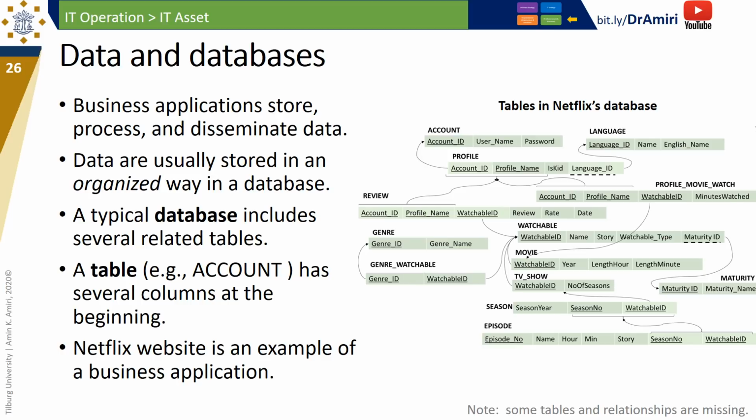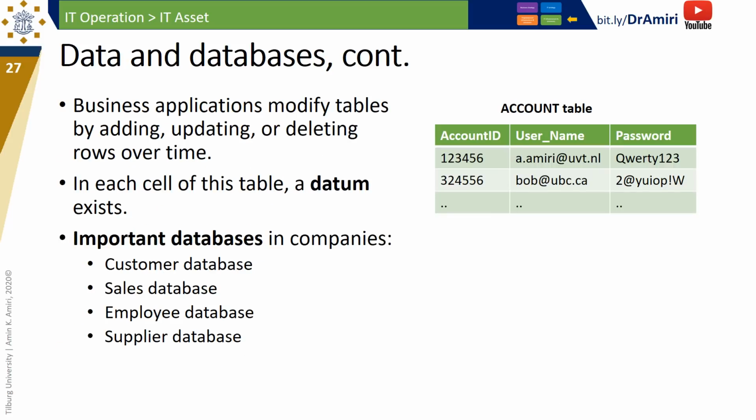So gradually, these rows are added. So people come and they register at Netflix, then a row is added to the account table. For example, this is my username and this is my password.